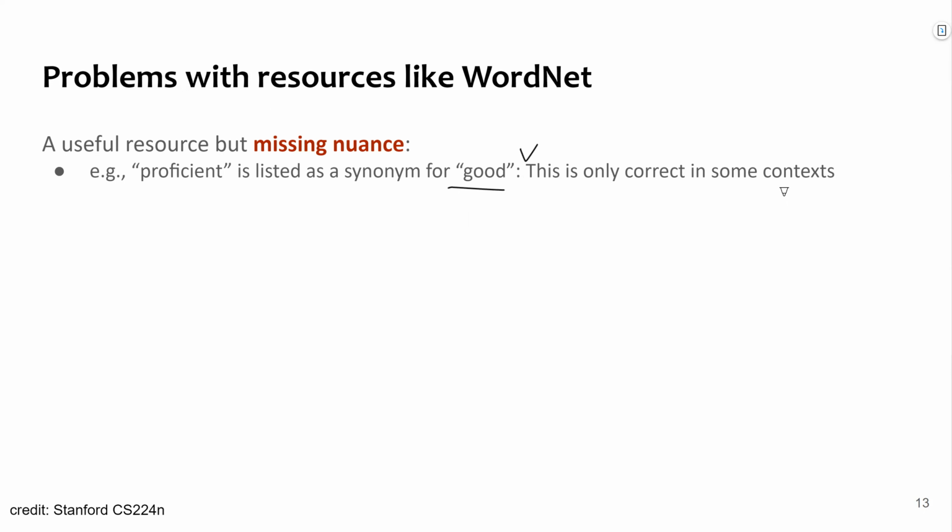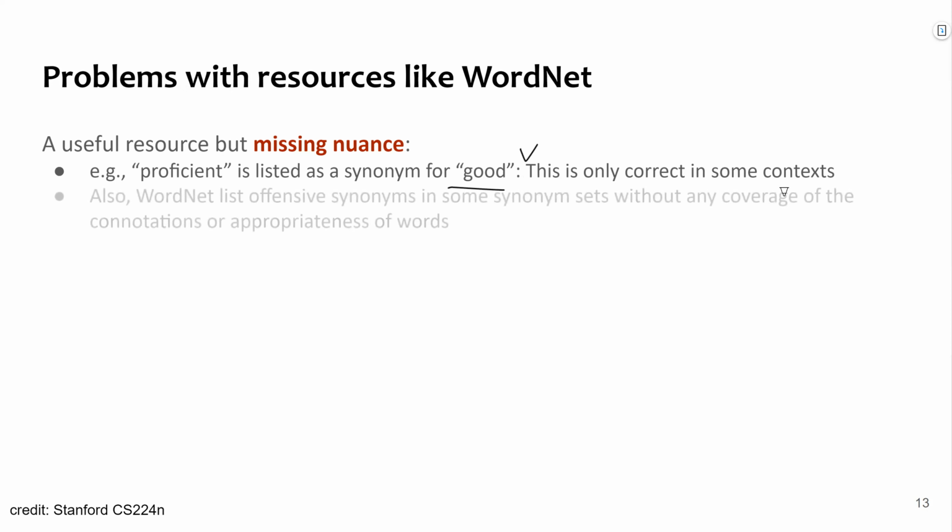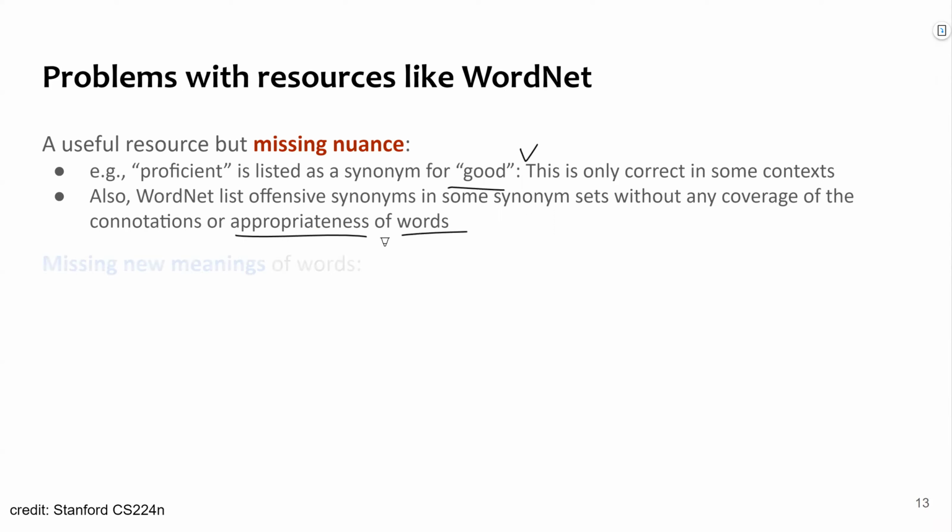Depending on the context, proficient can replace good. However, in other contexts, it's not possible because they mean totally different things. Also, WordNet lists offensive synonyms in some synonym sets without any coverage of the connotations or appropriate usage of words. Okay, this is one drawback of WordNet.